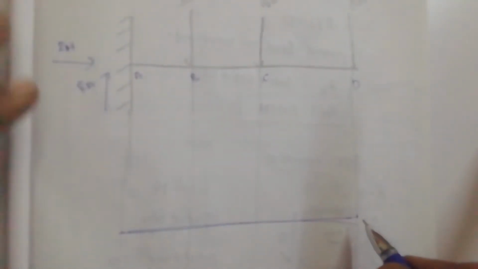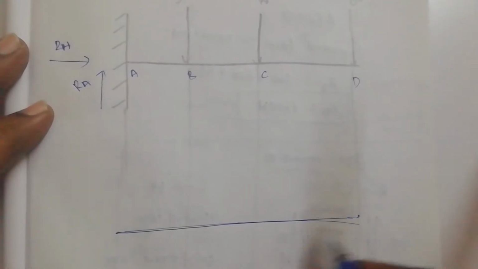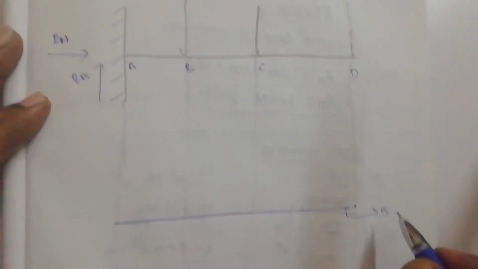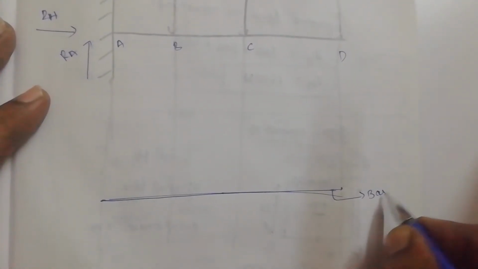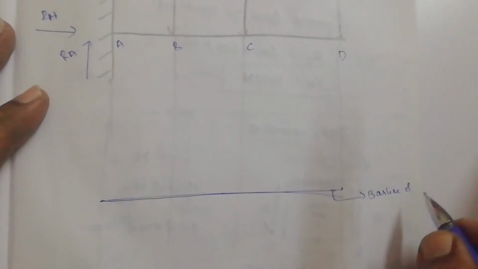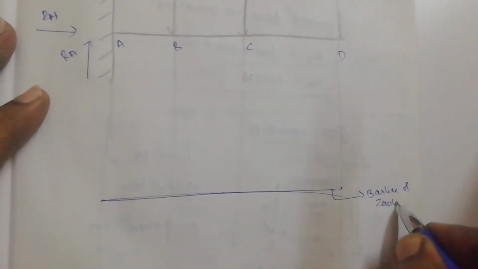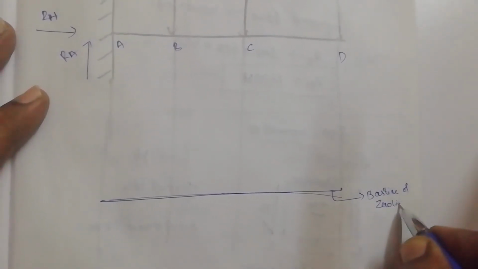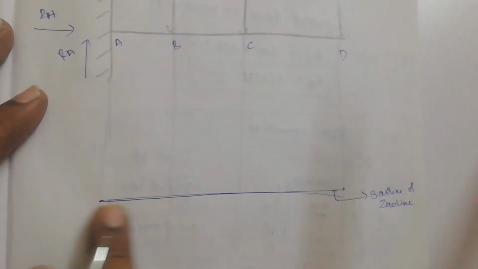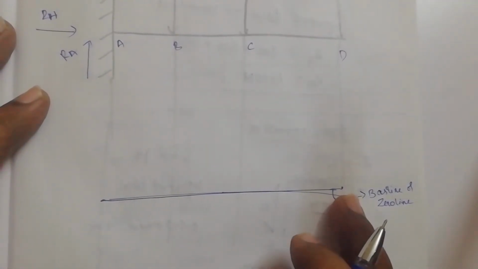I know the values, and I am drawing on a separate page. First of all, before point D the shear force is 0. This complete line we call the baseline, which is nothing but the zero line. On this entire line your shear force will be 0.